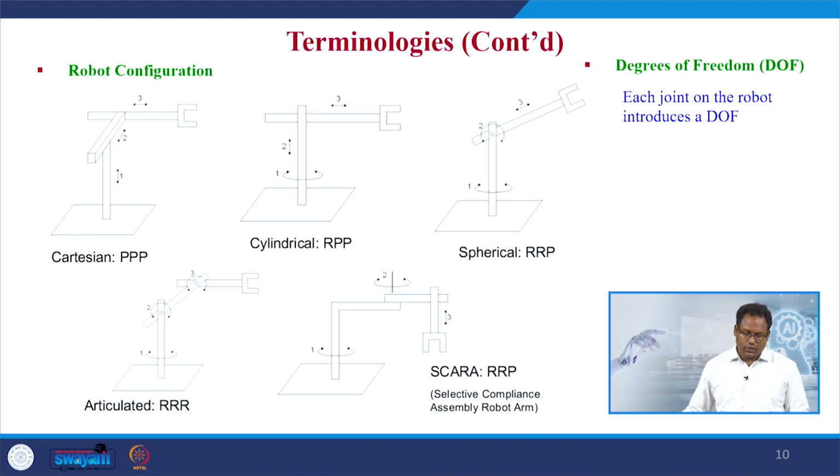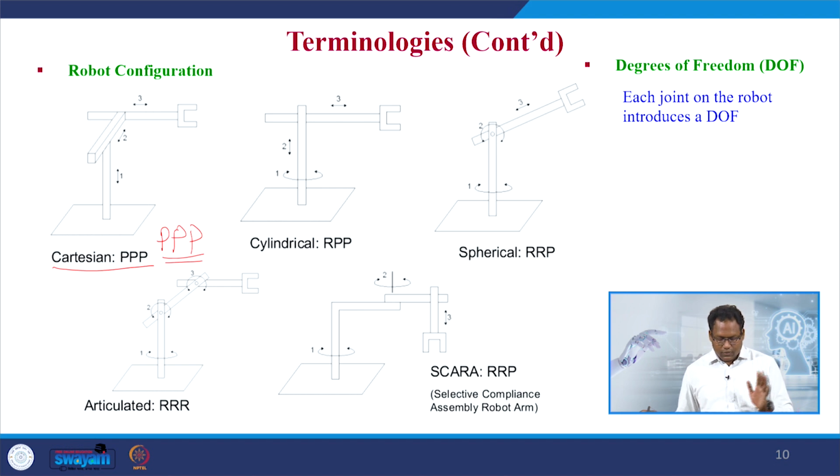Next, we can represent the configuration of a robotic system in terms of its independent coordinates q, whereas the Cartesian robot is a combination of prismatic joints alone, and hence the 3 degrees of freedom Cartesian robot is configured as P, P and P. That means it has 3 degrees of freedom continuously with prismatic joints.